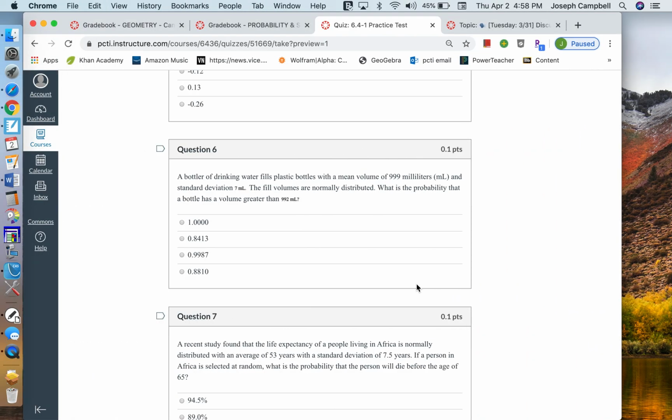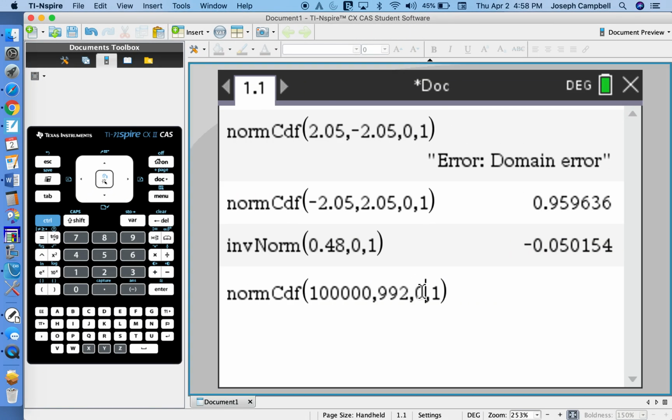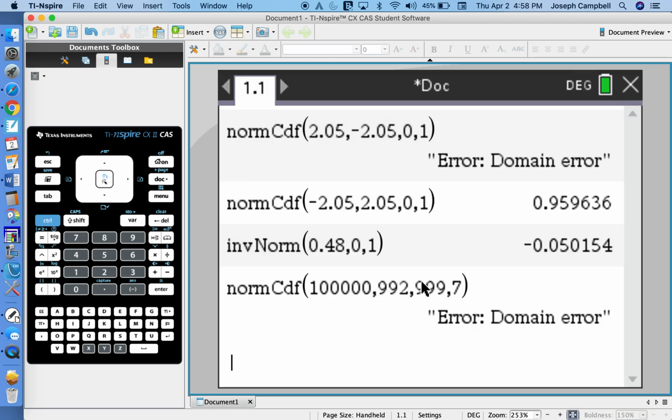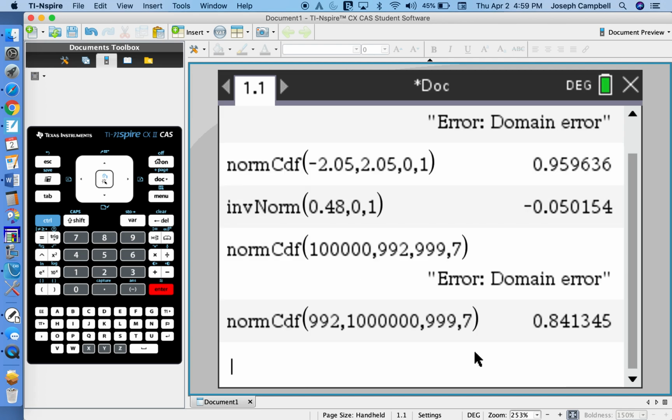Mean 999, standard deviation 7. Did I do it backwards again? Yeah. 0.84.